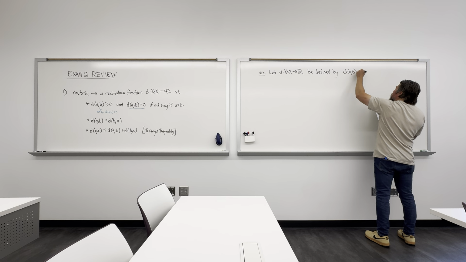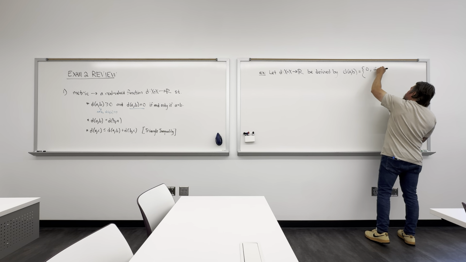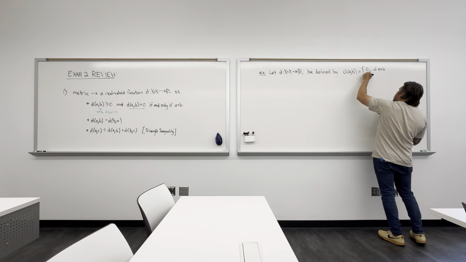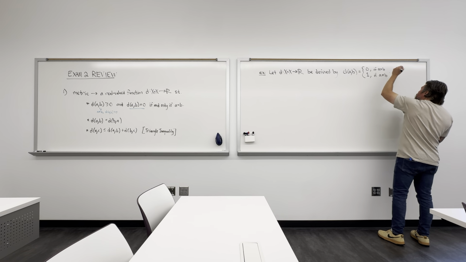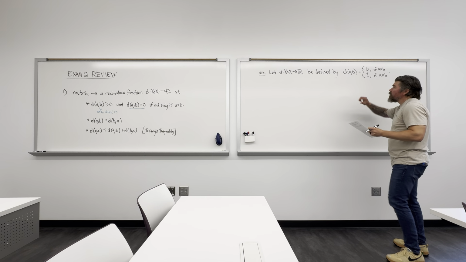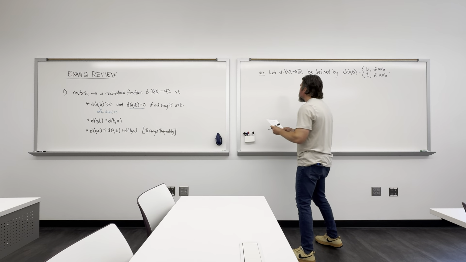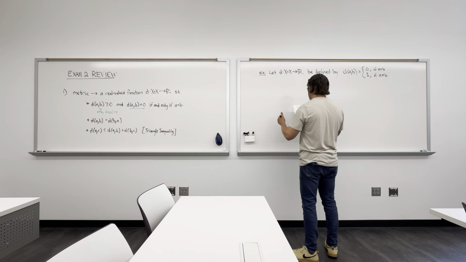D of AB is 0 if A equals B, and 1 if A does not equal B. Now, this is what we call the discrete metric, but let's argue that it satisfies our properties.